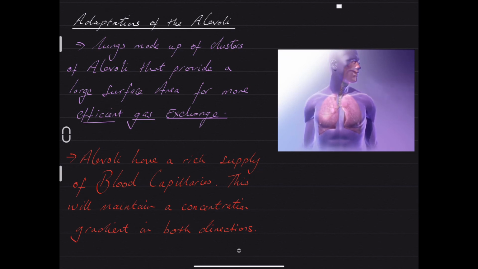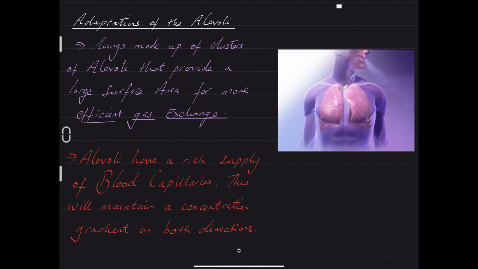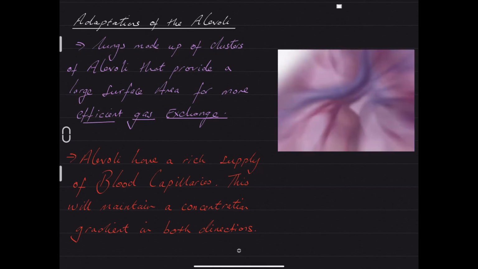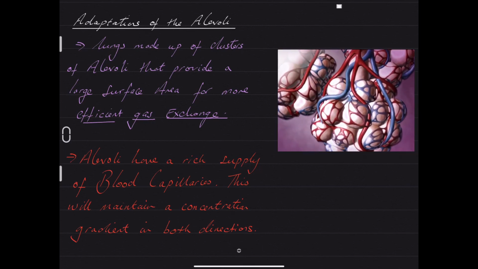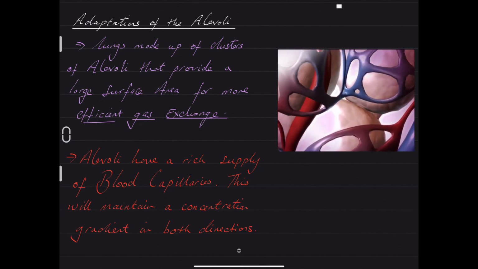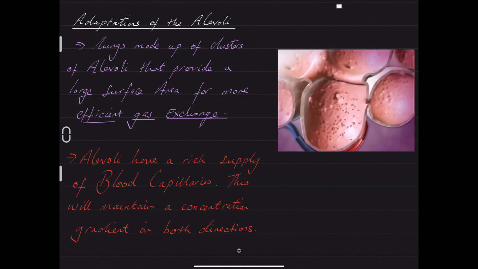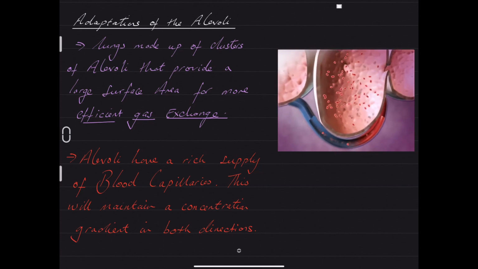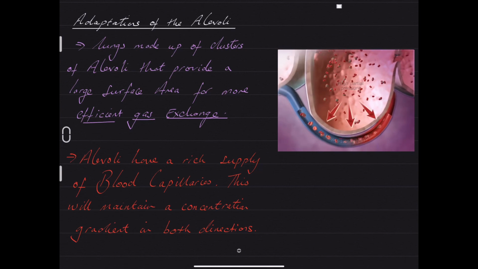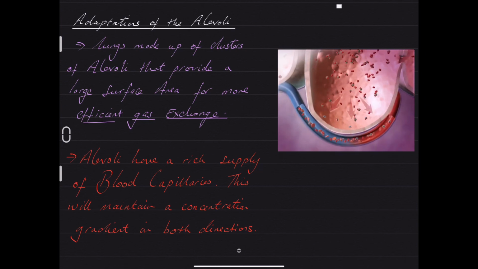So the lungs are made up of clusters of alveoli that provide a large surface area for efficient gas exchange to happen. So they allow for the maximum amount of area in the lungs to be exposed to the gases, and this is achieved in a number of ways which we're going to look at.